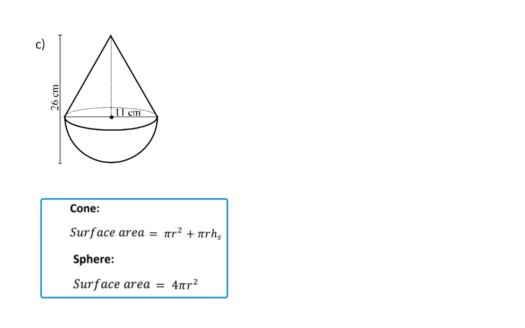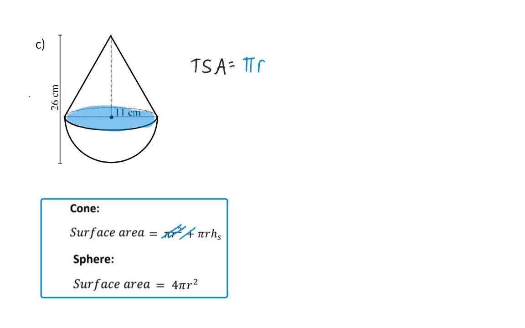Our last example is a combination of a cone as well as a hemisphere, or half a sphere. So in this case, we need to combine our two formulas to determine the total surface area. We want to calculate the total surface area. That is the outside, which means that the circle on the inside is not part of this area. This means we need to adjust the surface area formula for a cone by ignoring the first part and only calculating the area of the curved surface.